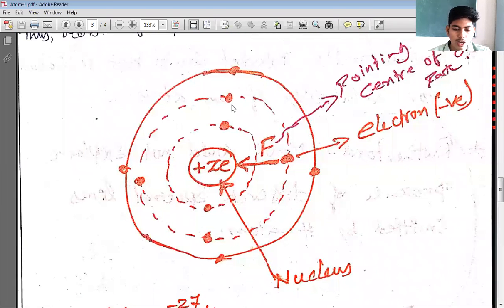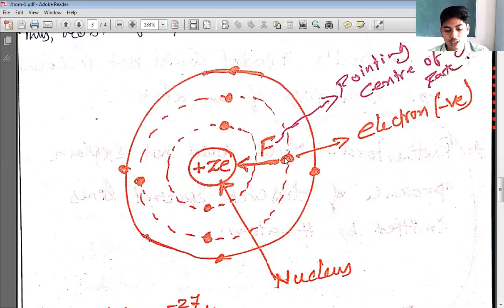For the electron to revolve, the necessary centripetal force is provided by the electrostatic force between nucleus and electron. A particle on which a force acts is accelerating, so the electron is an accelerated particle. Since it revolves, some force must act on it: the centripetal force.